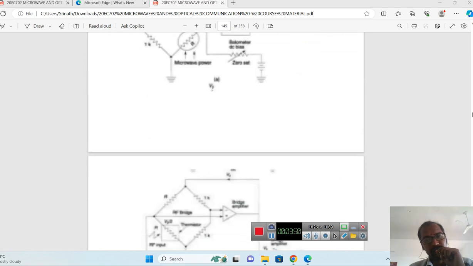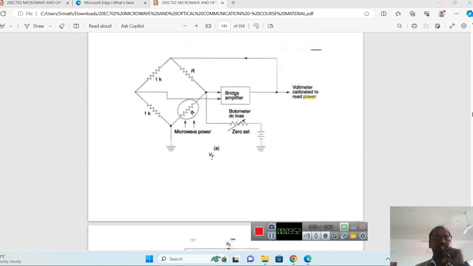This is the circuit diagram for the bolometer sensor. Here we have a balanced bridge, and this portion is called the bolometer sensor. Initially, the bolometer sensor gives a reading of zero. When the bridge is in balanced condition, it shows zero in the meter.